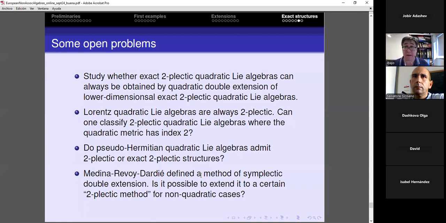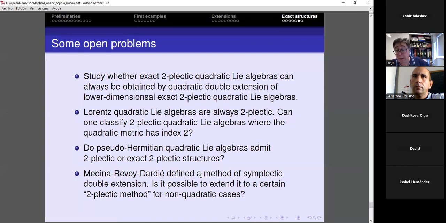It is a double extension of a four-dimensional Lie algebra which cannot be two-plectic. So we have some two-plectic quadratic Lie algebras which cannot be constructed as the double extension of a two-plectic one, right?